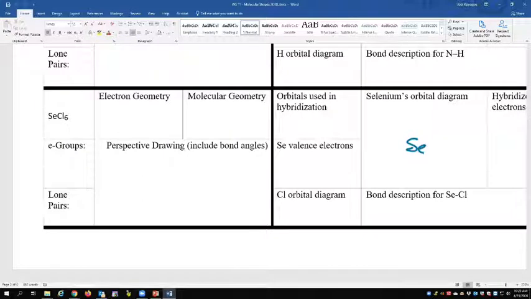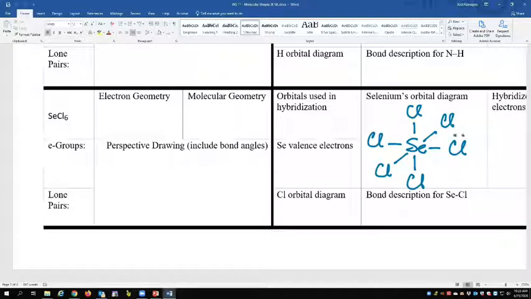So this is the Lewis structure that we came up with. So that's what you're looking at on worksheet 10, and then you're going to use that to answer these questions.